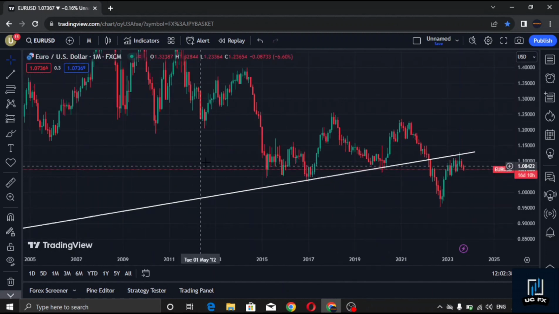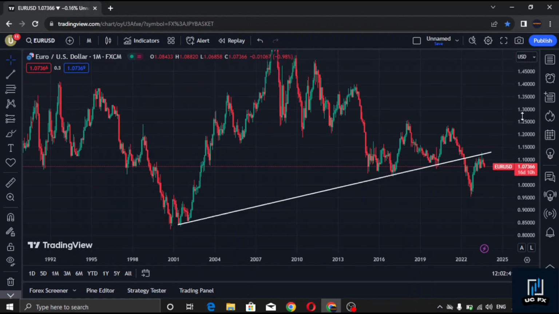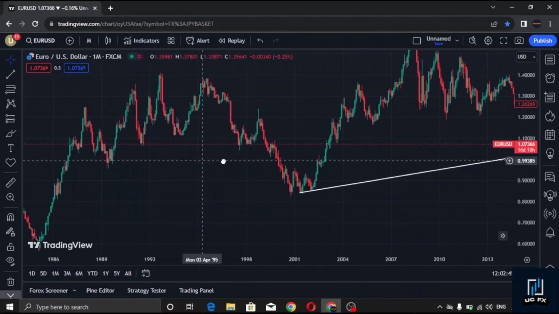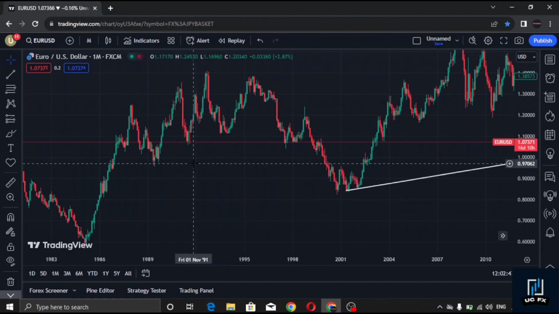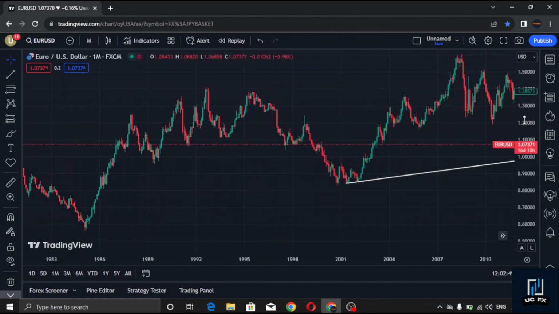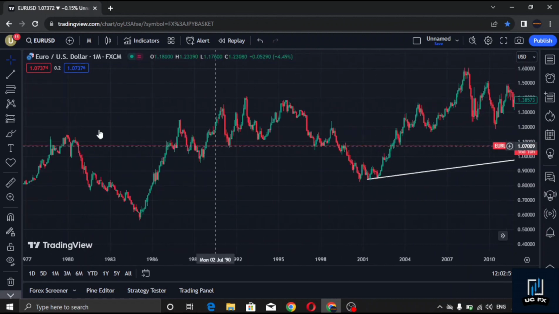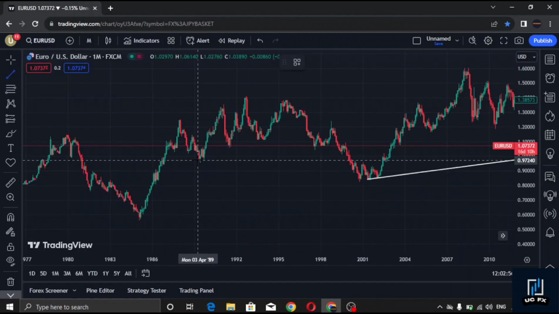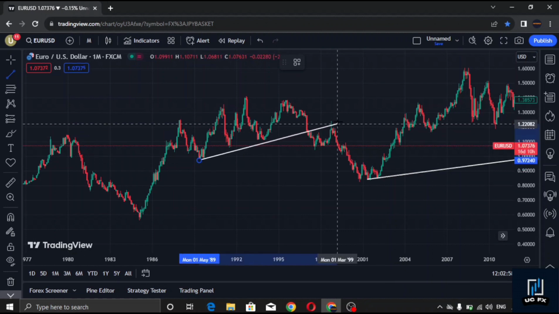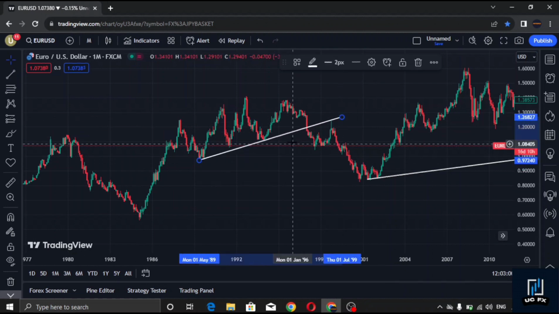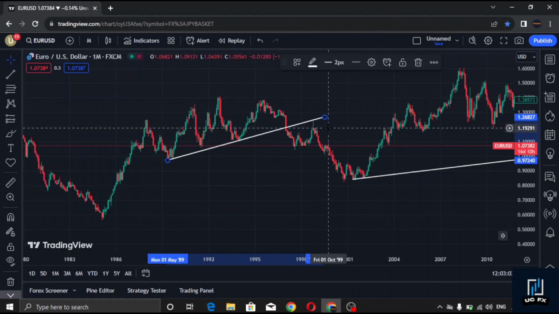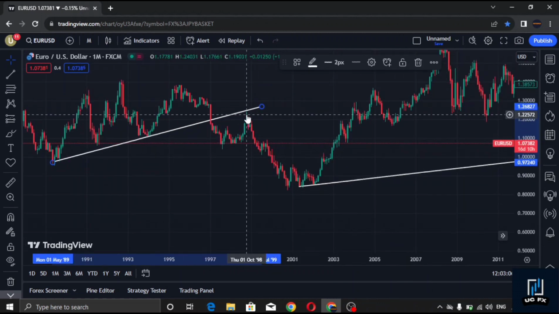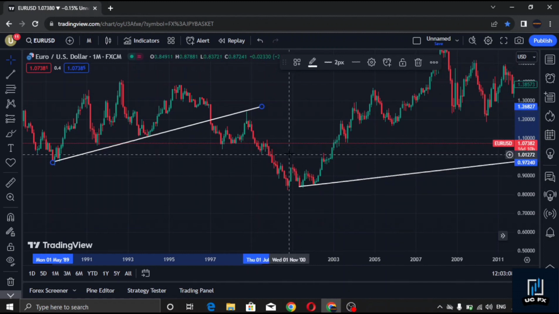Then another example, if you have connected these same points, I think we would have caught this sell as well. See how price perfectly tested this trend line and pushed away.